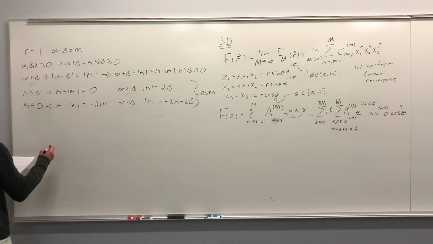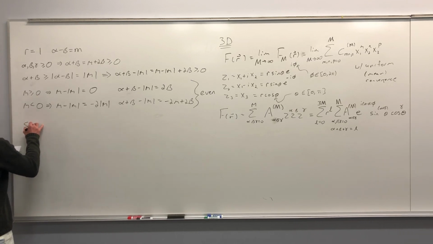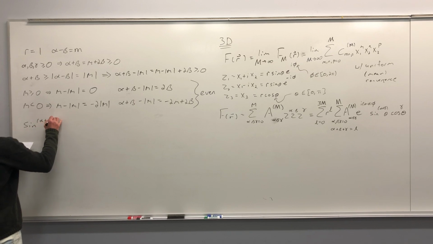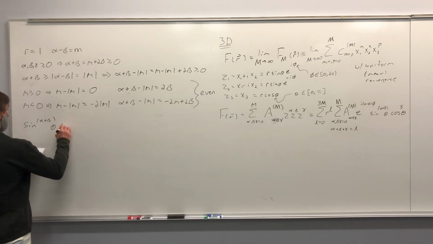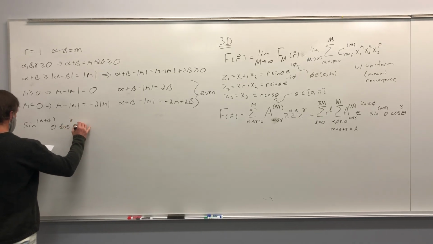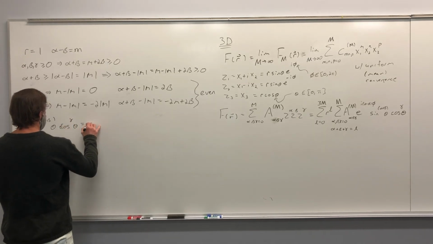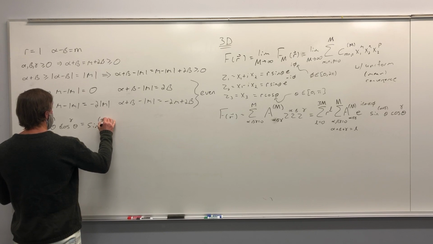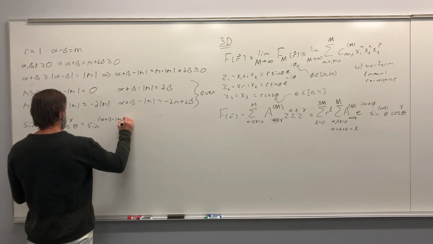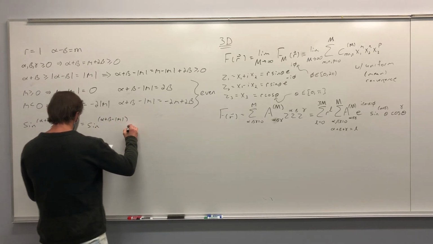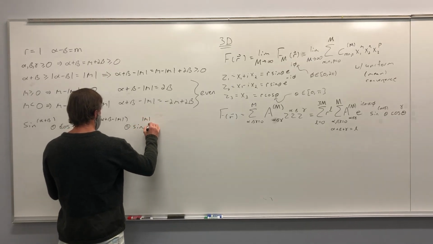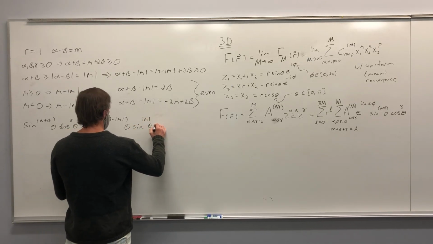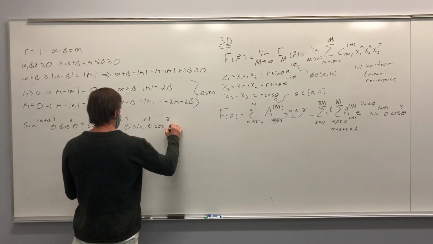So we can take the sine of alpha plus beta theta, cosine gamma theta, and we can rewrite it as follows: sine of alpha plus beta minus the magnitude of m, theta, sine of the magnitude of m, theta, cosine gamma theta.